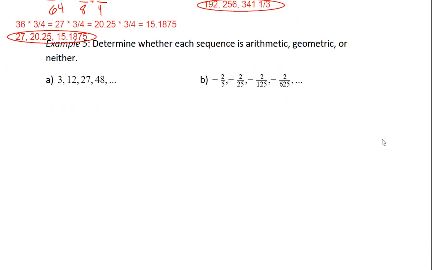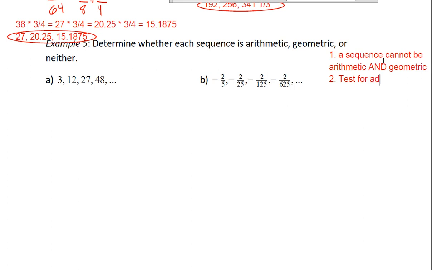Last thing is decide if these are arithmetic, geometric, or neither. So basically, they cannot be both. A sequence can't be arithmetic and geometric. It will be one or the other or neither one. So we have to test for addition or subtraction pattern.